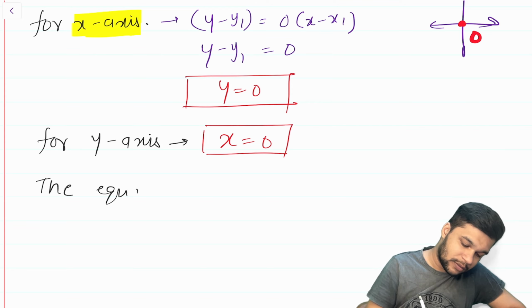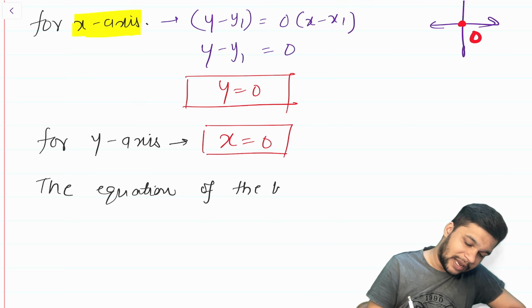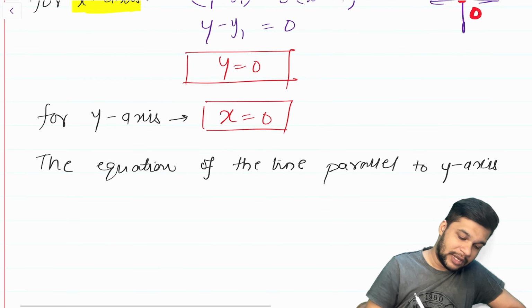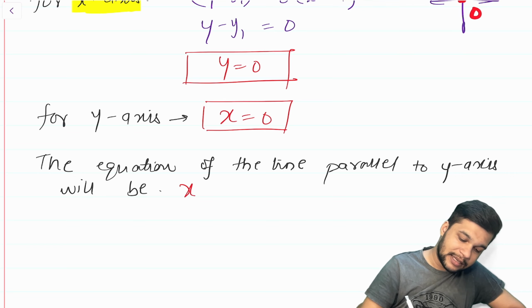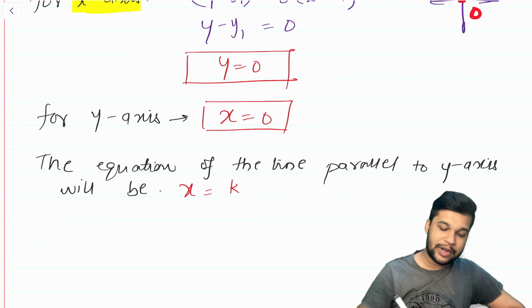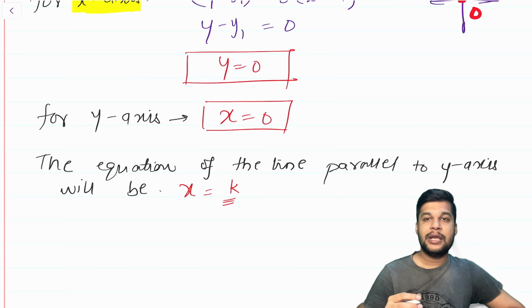The equation will be x equal to constant, where the constant is the point from where the line is passing.